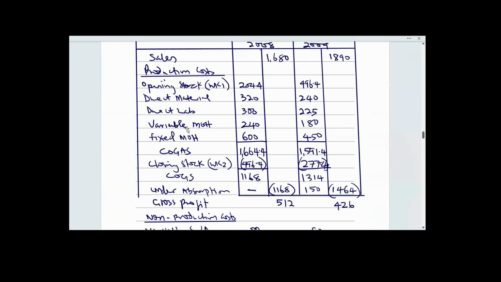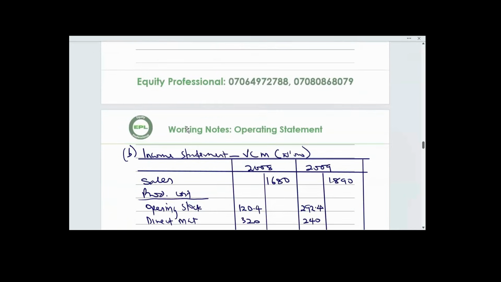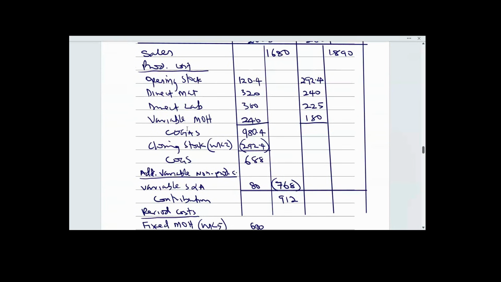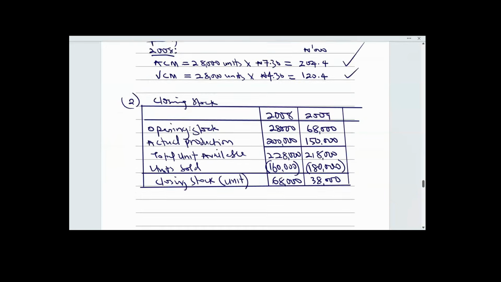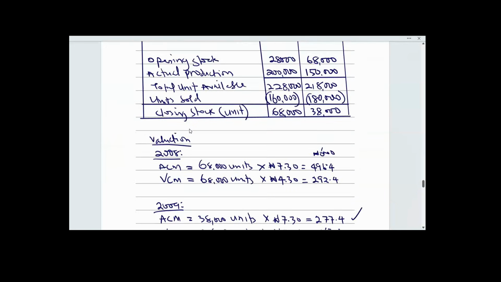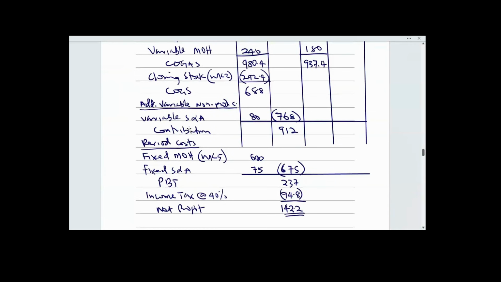Yeah, it's 180, 225. 937.4. All right. Then closing stock we have calculated before. 163.4. So what's the difference? 774.